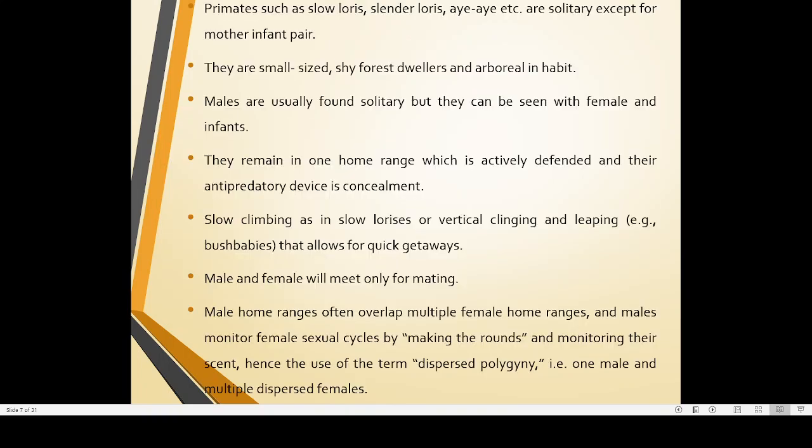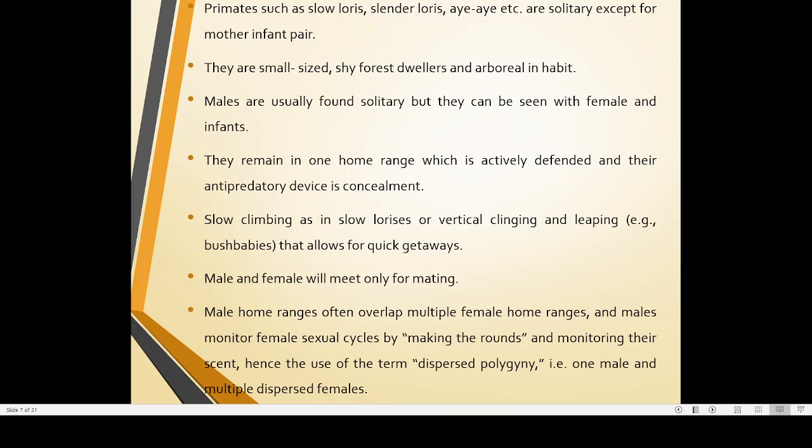So what is the case with this animal is that they are living alone. There is no pair formation, there is no group formation. Each member will be living alone. Only during the time of mating or breeding, the male and female will come together, and after that they will separate, and there is no staying together just like family life.